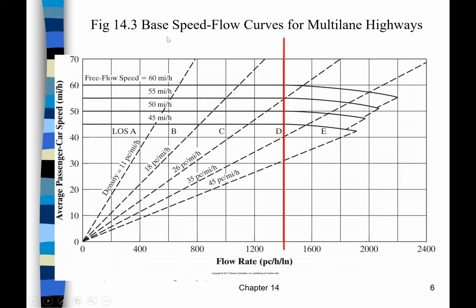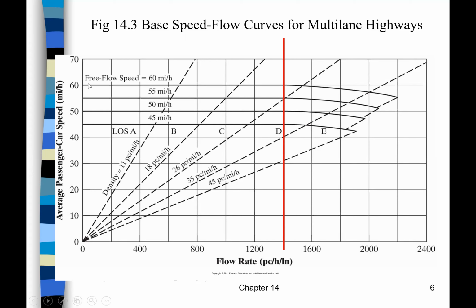The other graph, which is figure 14.3, is for multi-lane highways. Don't forget the differences between freeway and multi-lane highways. A freeway is totally access controlled, but on highways, you can have some access from the side to the travel lane.